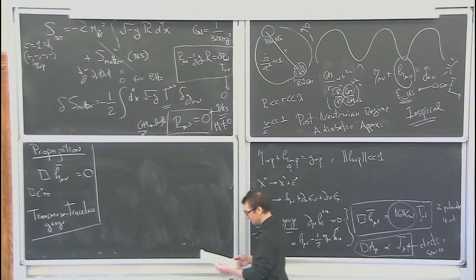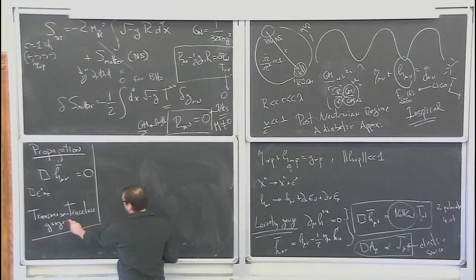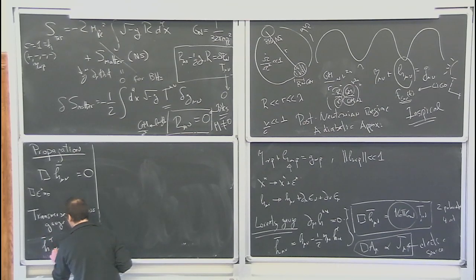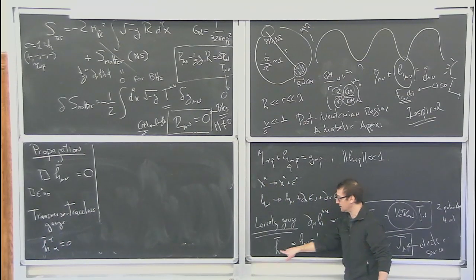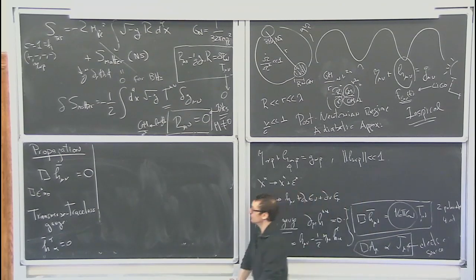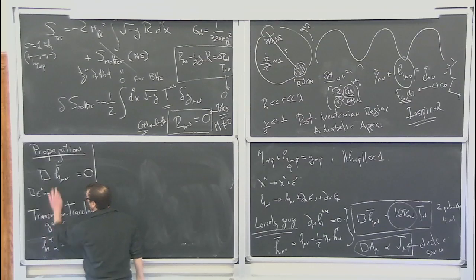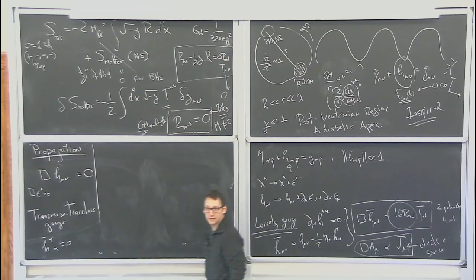Very good. So now what does transverse traceless gauge mean? It means that we have some choices to make. We're going to take the trace out, which essentially makes these two guys the same, right? We don't need the bar anymore, right? So if we do this, we can just say this.